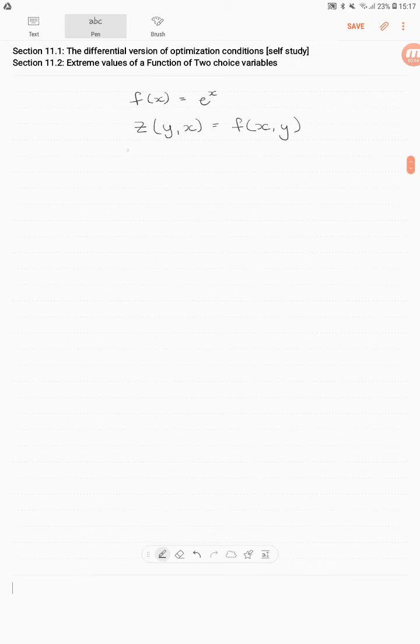That means our derivative of z will be the partial derivative with regards to x plus the partial derivative with regards to y. Graphically, we move into 3D graphs.